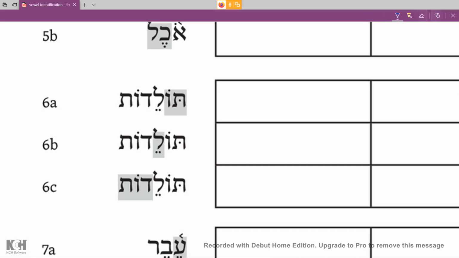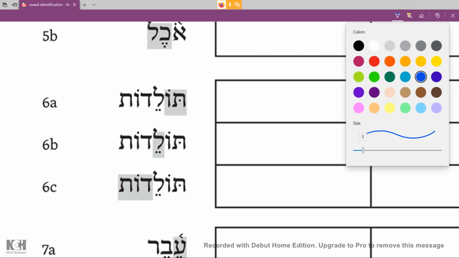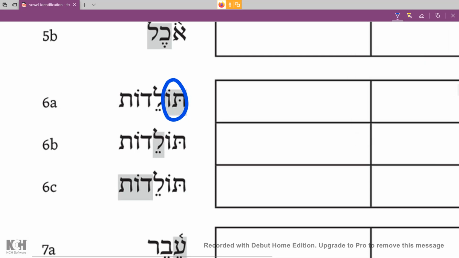To. Tole. Oh, well, that's ugly. Tole do. Yep. Okay, undo that. How do I undo? Erase. Okay. I'm going to try to make this pen a little bit more reasonable. So, to, le, dot.